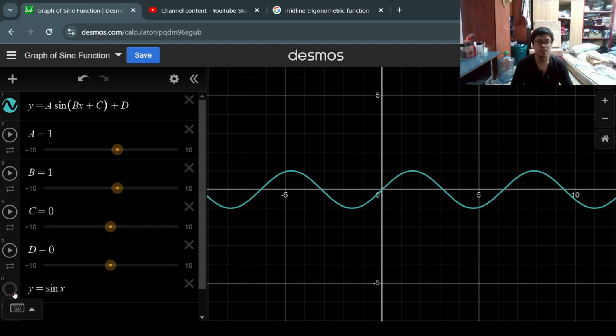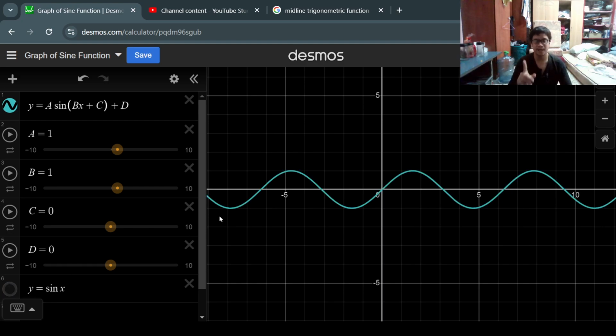This is what it looks like if you mean the original sine function, which is like the one I just showed to you earlier. Now, let's have an experiment.